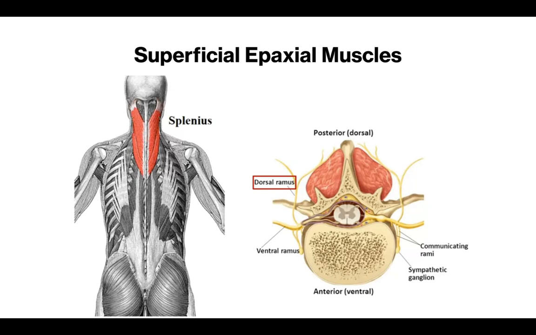One portion of the origin, I'll use my blue marker here, is going to be more posterior on the inferior portion of the skull, which we know is the occipital bone. That's one origin of one of the splenius muscles. The other origin is going to be along the spinous processes of T1 through T6. So we can see that this must be T1 all the way down to T6. So these are also going to be the origins.